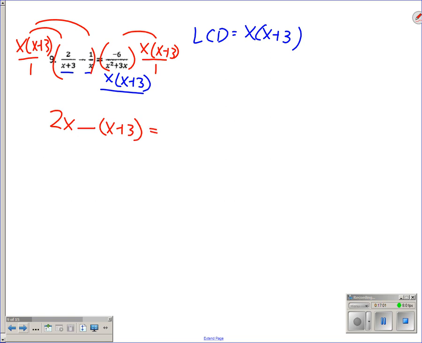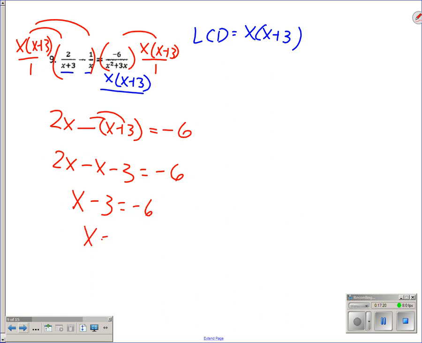And it equals, on the right side, everything cancels out, the whole denominator, so I'm just left with the numerator, negative 6. So let's go ahead and distribute the negative, see what we get. x minus 3 equals negative 6, x equals negative 3.